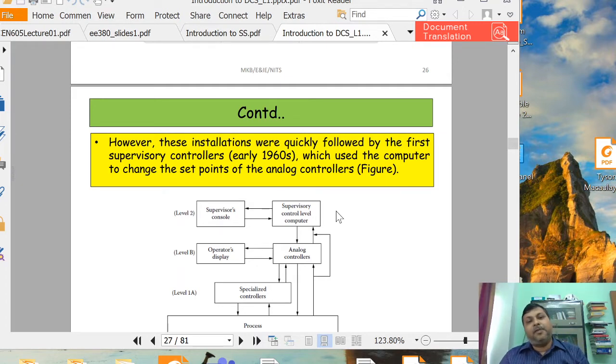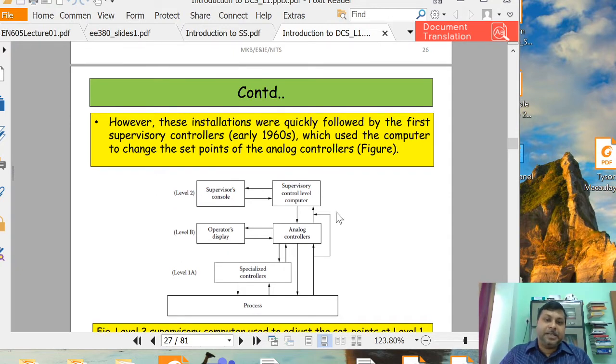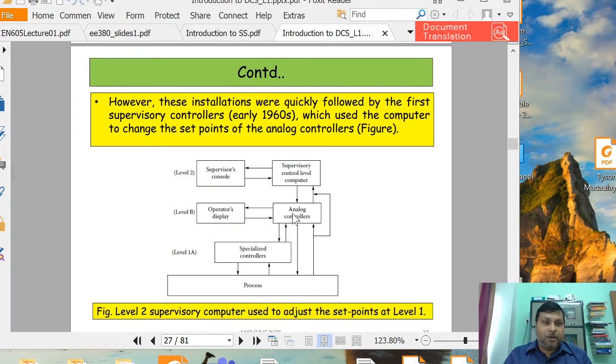So the next use of computers in the process control industry is still not as a controller. Next is the supervisory control level computers. What is the use of supervisory level computers? They are used to change the set point of the analog controllers, meaning the analog controllers were still present. This is level 1A, where the specialized controllers interact with the process directly, and the measurement done by the sensor goes to the analog controllers, and there must be some display.